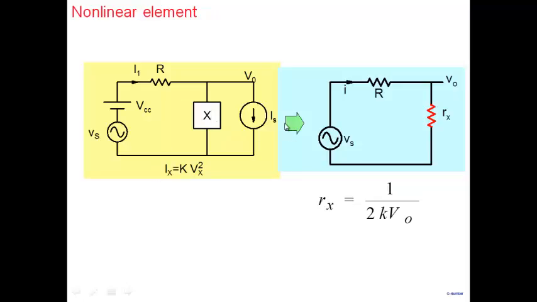In this case, we obtain this particular expression here, and we can get the answer that we're looking for. So if the voltage that you see here is small in nature, then I can get the answer v0, which is very straightforward. v0 is still Vs Rx by R plus Rx.